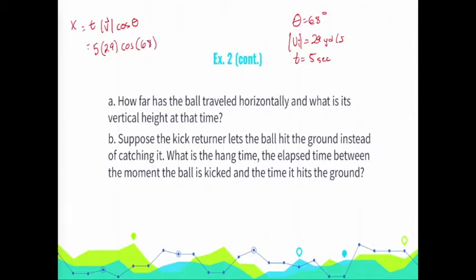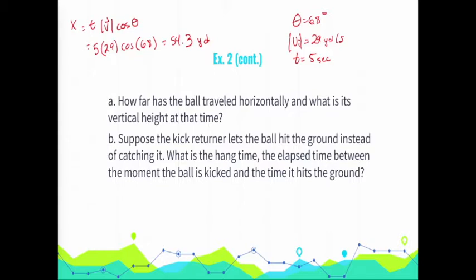So 5 times 29 times cosine 68 is 54.3. Our velocity was in yards per second times seconds, so this is going to be an answer in yards.